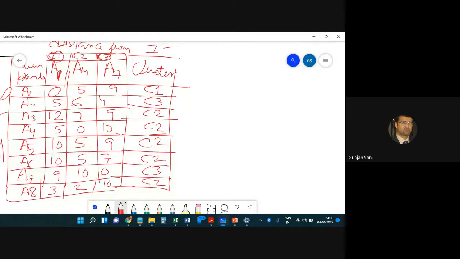To start with iteration 2, we again find new cluster centers.